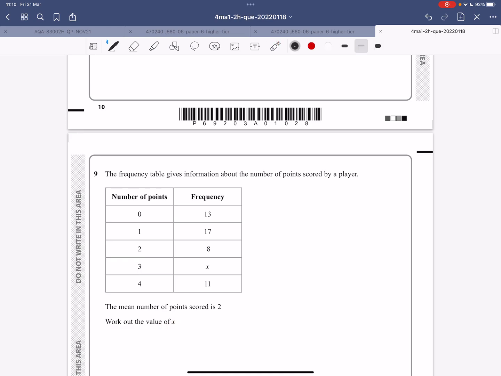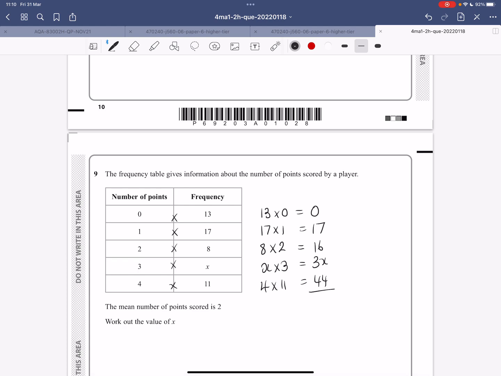So what we do here, to work out the mean, first of all, you've got to multiply these numbers together. Okay, 8 times 2, x times 3, 4 times 11: 0, 17, 16, 3x, 44.